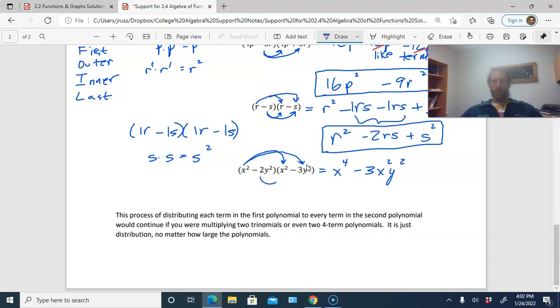And now we're going to move on and distribute the negative 2y squared. So negative 2 times an understood 1 is negative 2. And again, these variables are different. So I'm going to rewrite them, but I'm going to put them in the same order. I'll put the x squared first and then the y squared second.